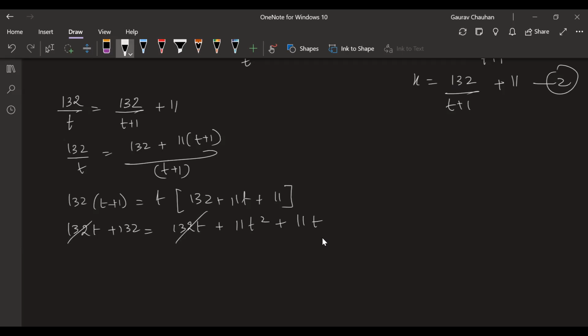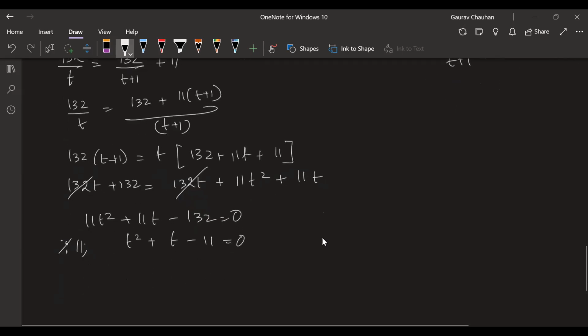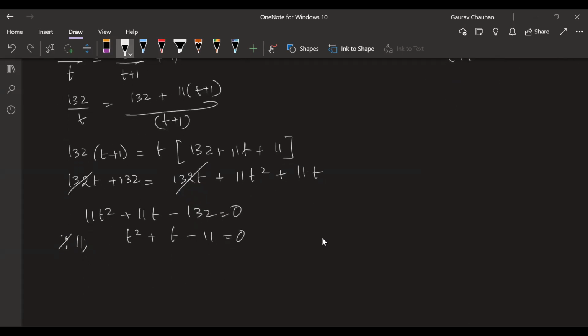These two go away and I get 11t square plus 11t minus 132 is equal to 0. So I can divide this by 11. Actually, 132 is divisible by 11. So I get t square plus t minus 11 equal to 0. Is my equation correct? Not 11, it's 12. Minus 12 is equal to 0. 132 goes 12 times.